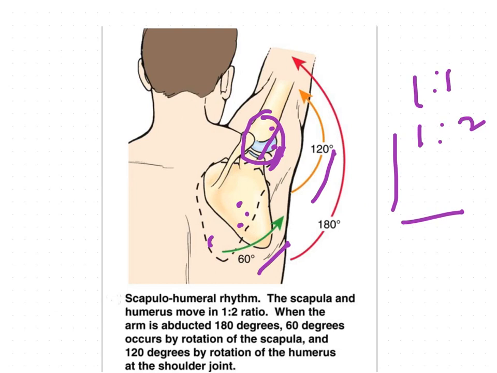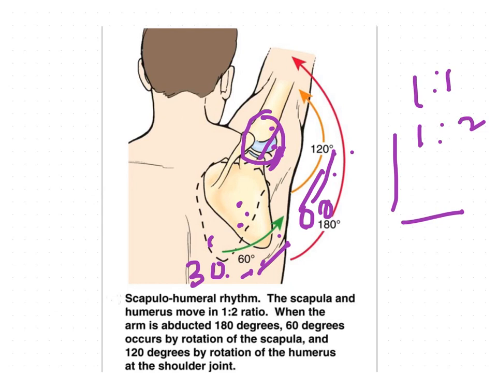You can see here, 60 to 120, that is a 1:2 ratio. For example, if the scapula moves 30 degrees, the glenohumeral movement will move 60 degrees, so it increases 2-fold. If it moves to 60 degrees, the glenohumeral joint moves 120 degrees. Like that, the ratio increases.